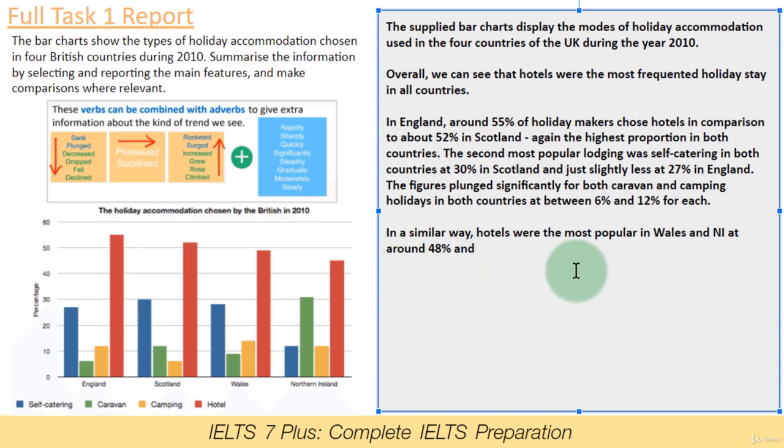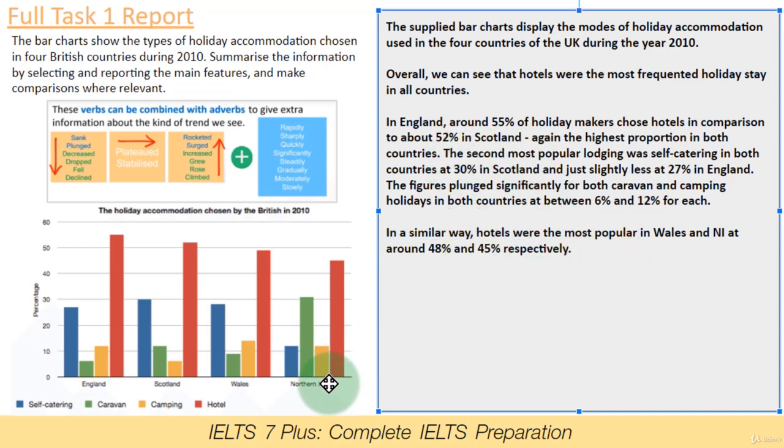And let's say 45%, respectively. Always good to use at least once in our writing. In a similar way, hotels were the most popular in Wales and Northern Ireland at around 48% and 45%, respectively. In a similar way, a great way to make comparisons between groups or sets of data.